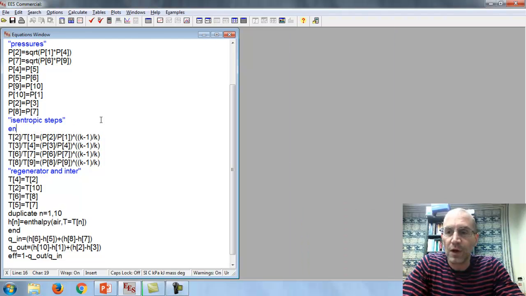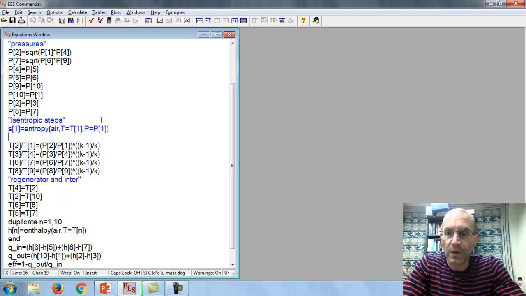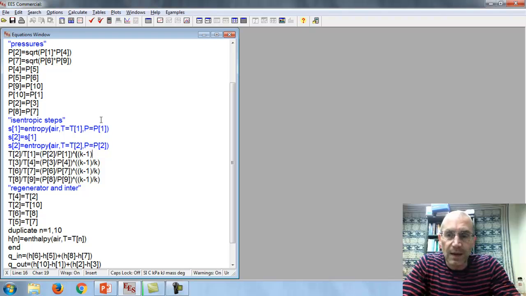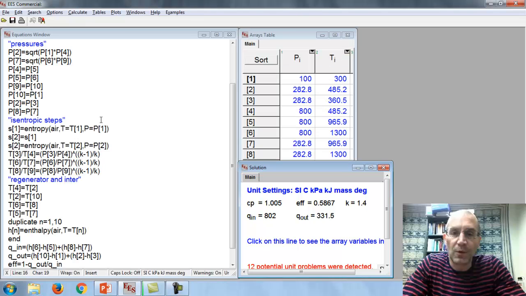So for example, S1 is going to be the entropy of air at T equal to T1 and P equal to P1. Then we say that S2 is equal to S1, and that S2 is equal to the entropy of air at T equal to T2, P equal to P2. What that effectively does is the same thing that equation did. It's going to determine my temperature, but with my entropies.